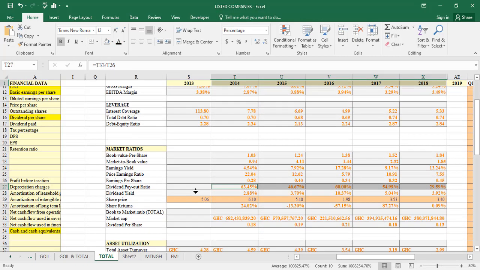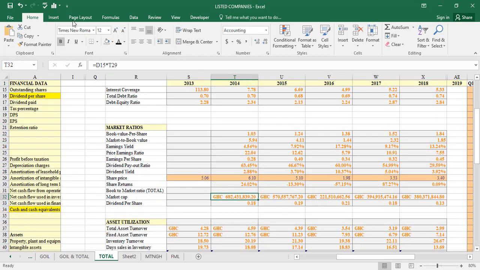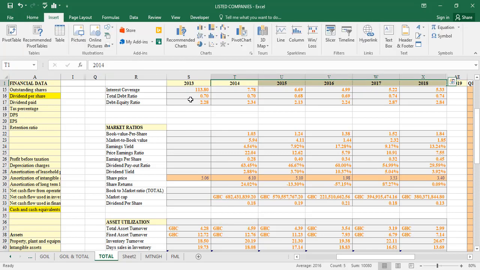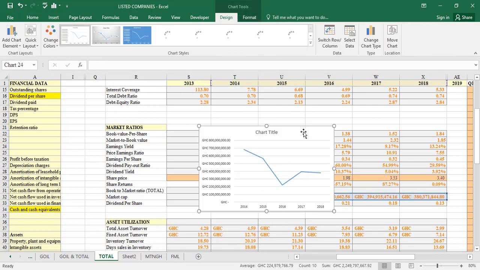Okay, now our next analysis will be on the market cap. That is the market capitalization of the company as at the period that we have reviewed. From 2014 through to 2018, what has been the market cap of the company?